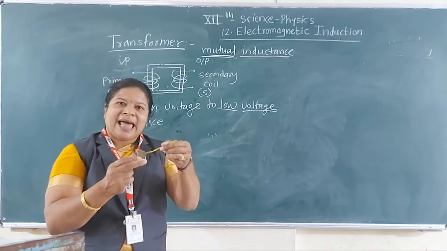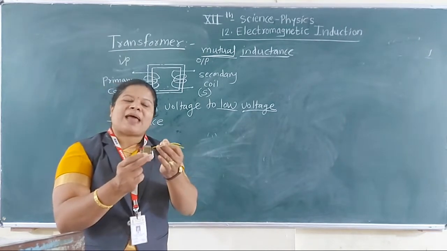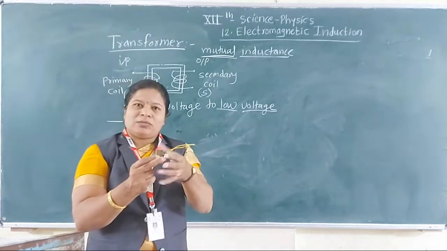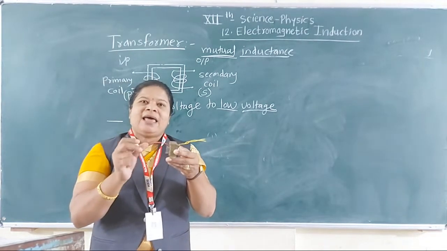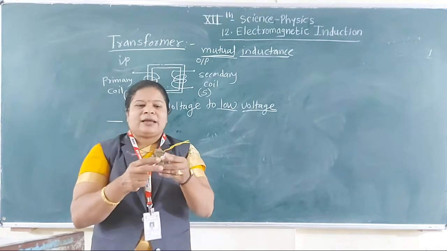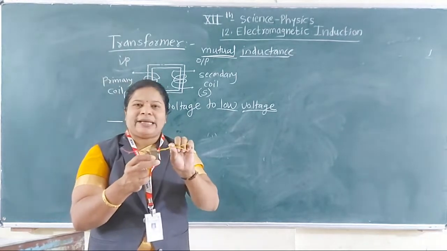The primary coil acts as the input of the transformer, and the secondary coil acts as the output of the transformer. Now this primary wire takes high voltage.